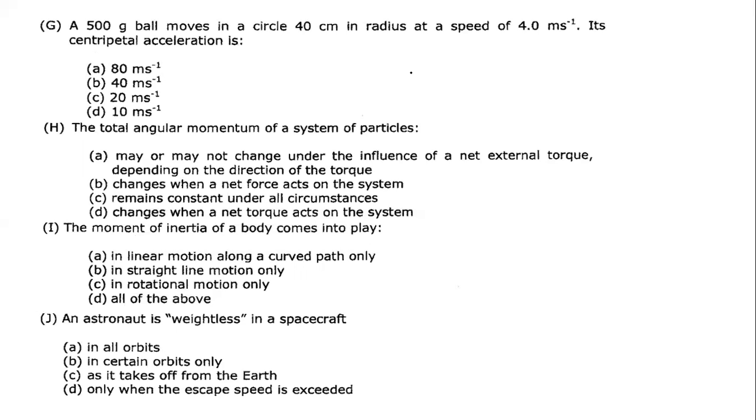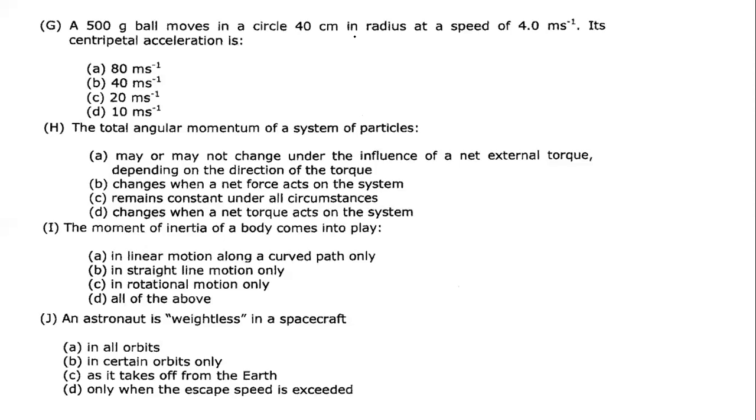Its centripetal acceleration is? A, 80 meters per second. B, 40 meters per second. C, 20 meters per second. And D, 10 meters per second. Okay, you can go ahead and help us with the answer.